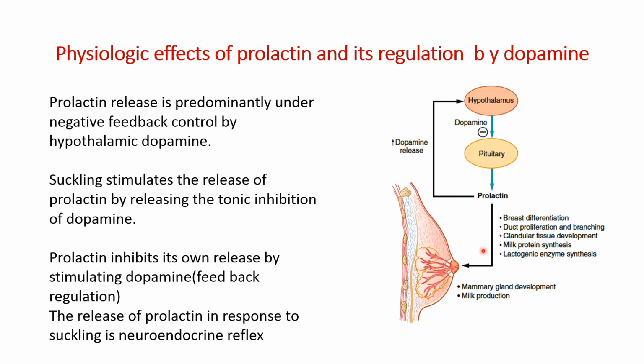So it basically affects all aspects of breast development. And now the main release for prolactin is suckling. So when suckling occurs again, the hypothalamus will get a neuronal signal, stops dopamine release, and the prolactin will be released. So that's really slightly different from other systems.